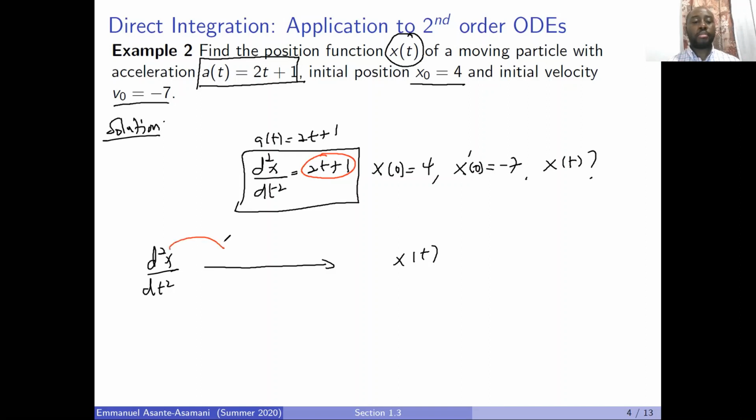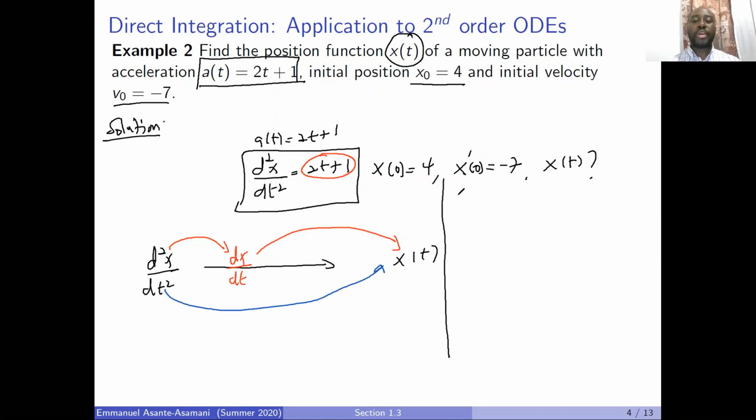So I can calculate dx/dt by taking the antiderivative of the second derivative, and then I can move from the first derivative to the function by applying another antiderivative. So you do 2 sets of antiderivatives. All right. So this is exactly what we do in this case.